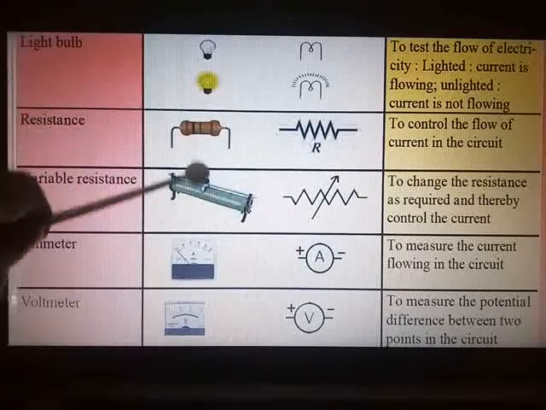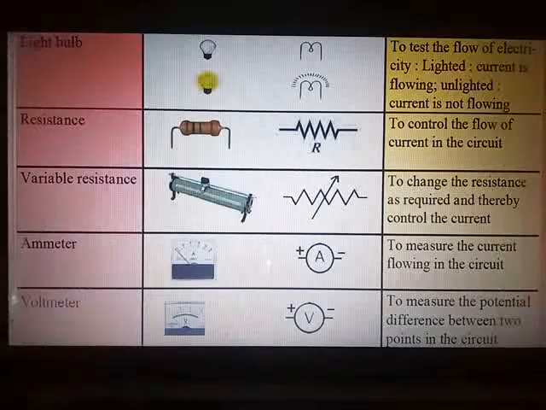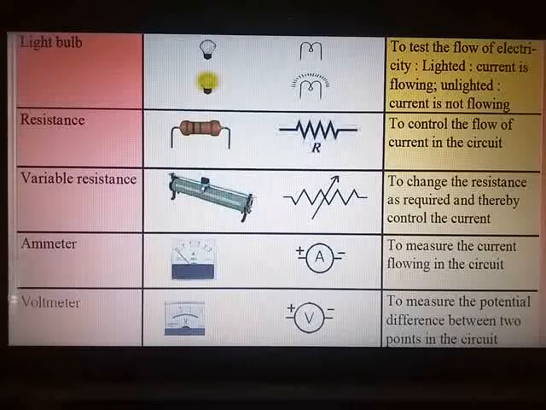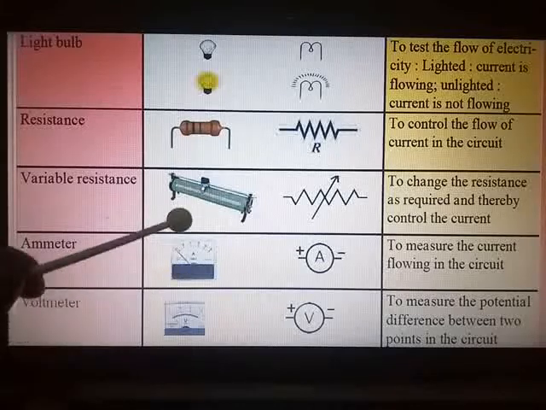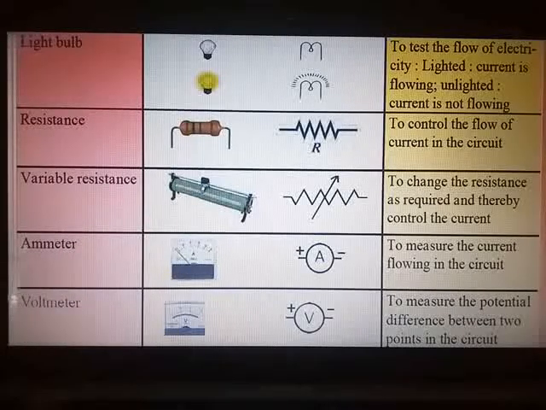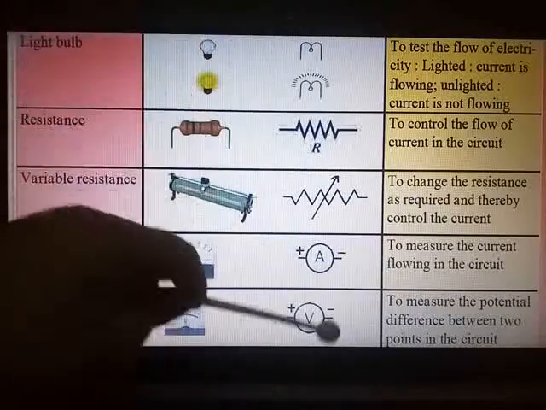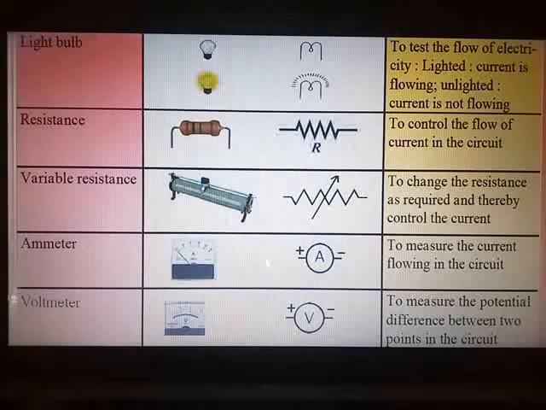All this, you can say not symbols but pictures, you can just go through, because when we do the Ohm's Law experiment in the lab, I will show you all these pictures in the practical video. So at present you only focus on the symbol and its use. Later on when we get the reduction in syllabus, this part will move out, but as your knowledge, symbols and the uses should be known by you.